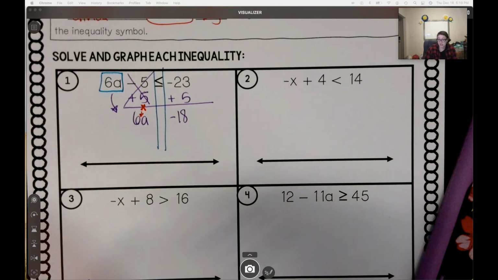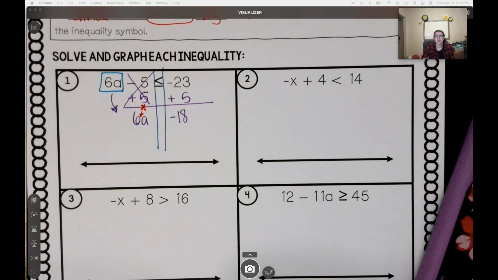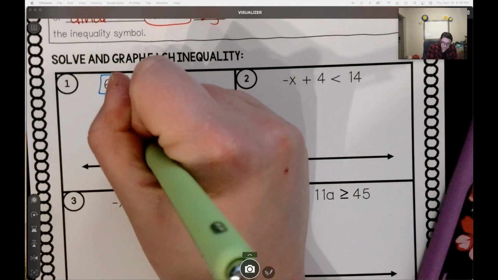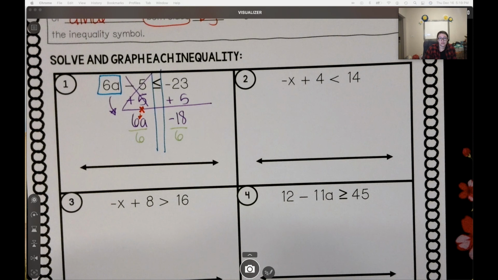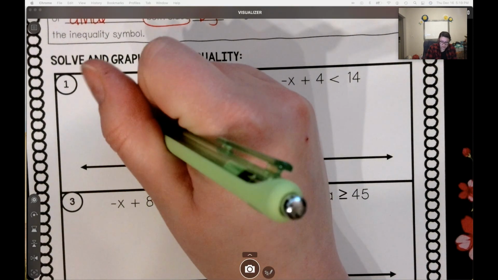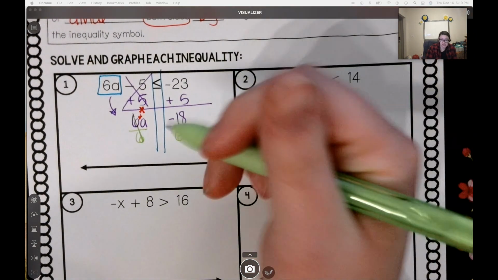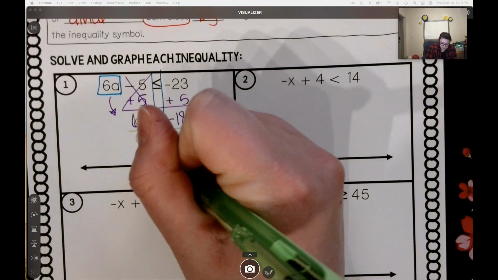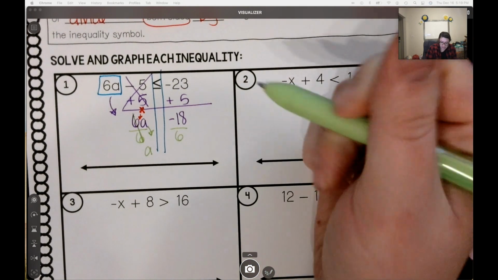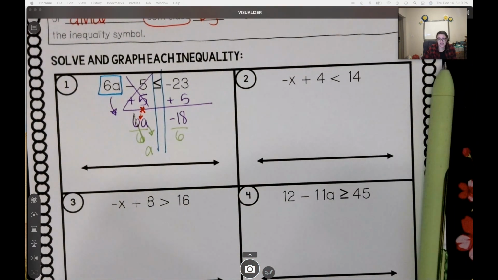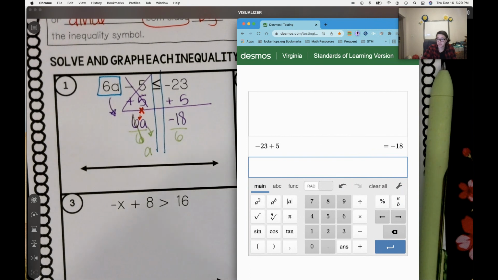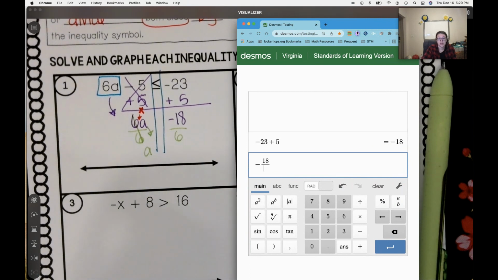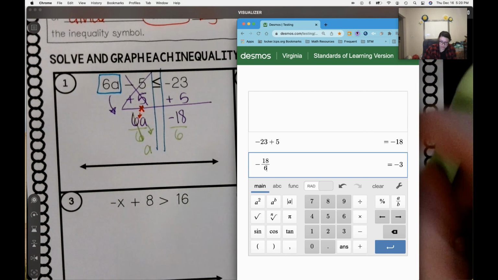The opposite of multiplication there is division. So I need to divide both sides by 6. Those 6's are opposites, so they cancel each other out. I bring down my a. -18 divided by +6. Again, no shame in the calculator game. -18 divided by 6 gives me a -3.